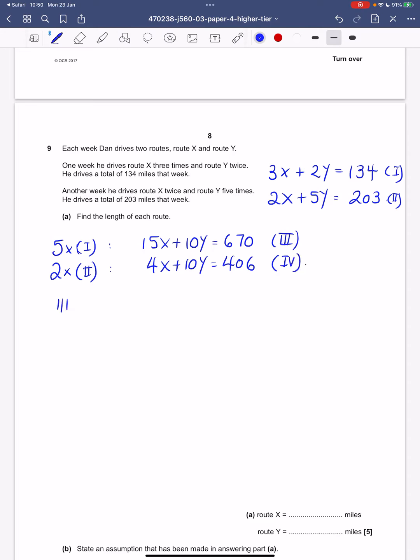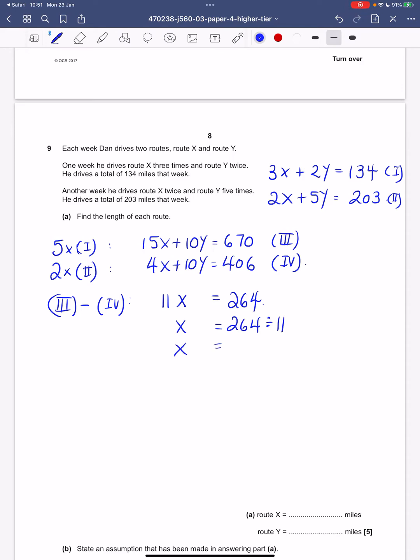Now if I do equation 3 take away equation 4, I'll eliminate the y's, so I'll end up with one equation in just x's, and I'll be able to solve that to find x. So 15 take away 4 is 11, so 11x. The y's cancel out. 670 take away 406 is 264. So x is 264 divided by 11.